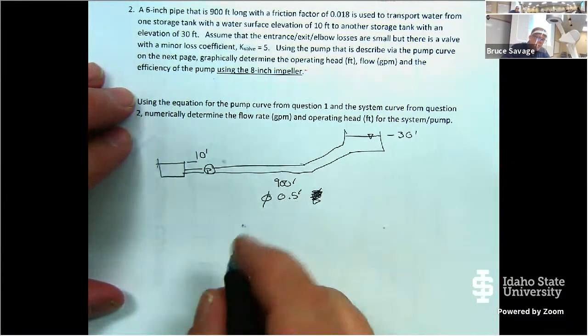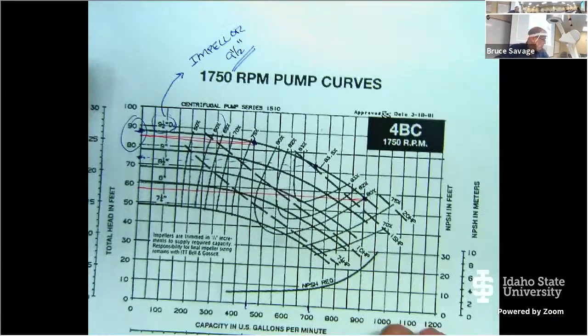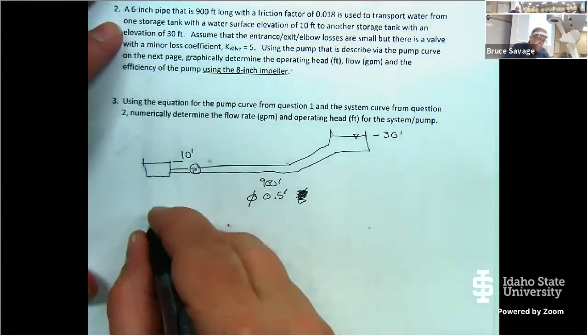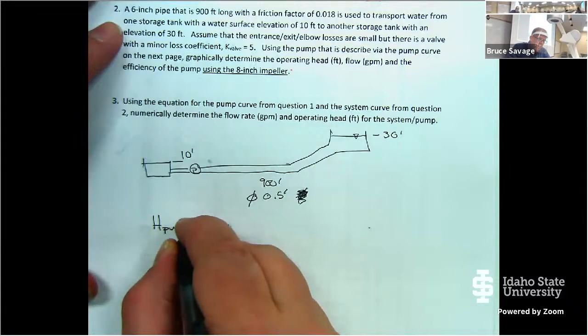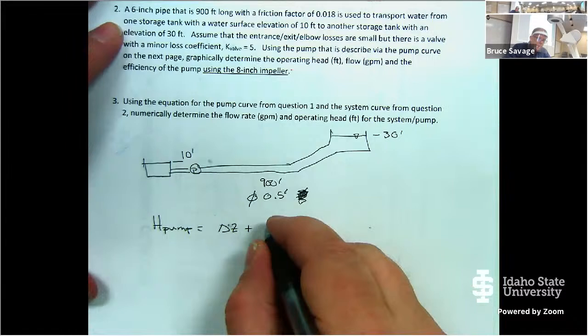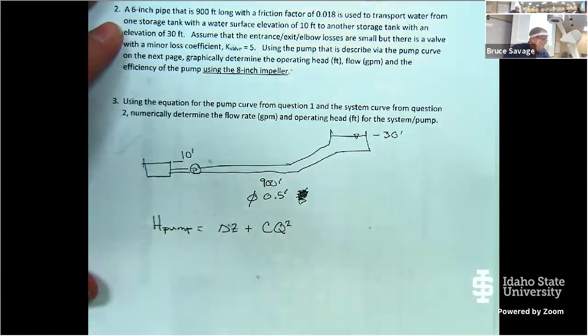All right. So what we're going to do then is we've got our pump curve right here. That's what we've been using. And now we need to develop our system curve. So our system curve is that the head of the pump is equal to delta Z plus CQ squared, right?